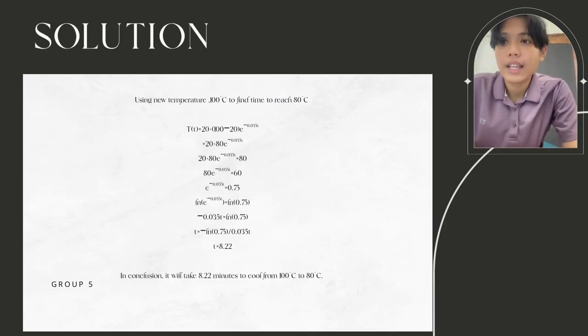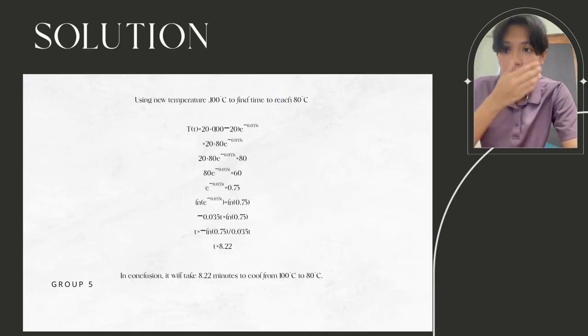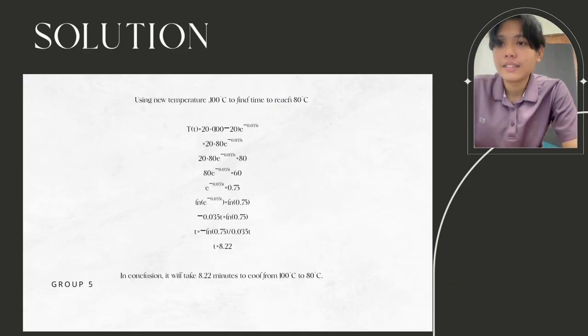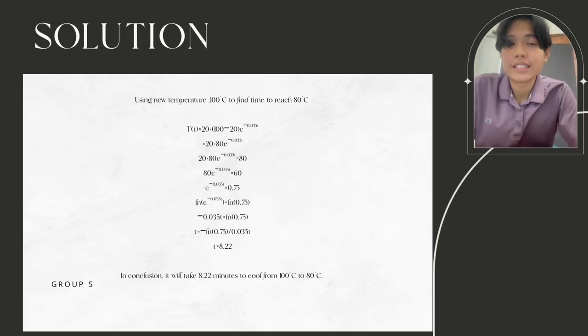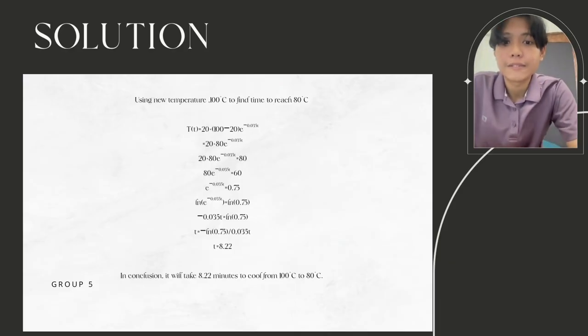Then we bring the -0.035 to the other side and divide. We get t = -ln(0.75)/0.035. Then we get t = 8.22. So in conclusion, it will take 8.22 minutes to cool from 100 degrees Celsius to 80 degrees Celsius.